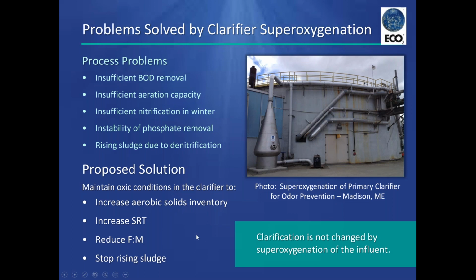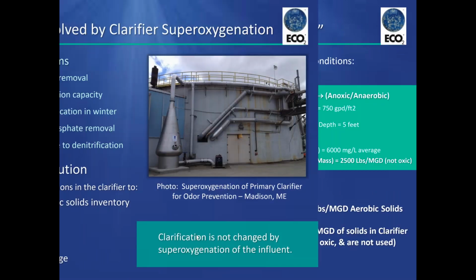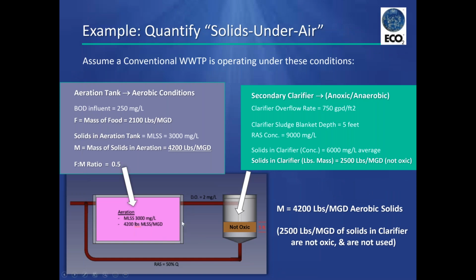So the question we look at in this next slide is, what is the relative amount of biomass that sits in the clarifier compared to the relative amount of biomass in the aeration tank?